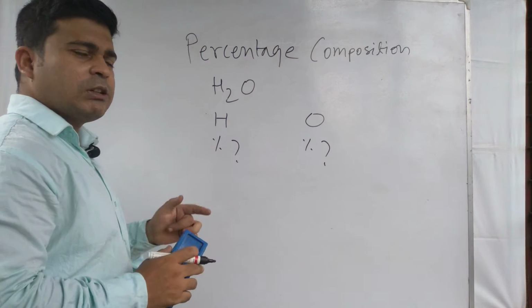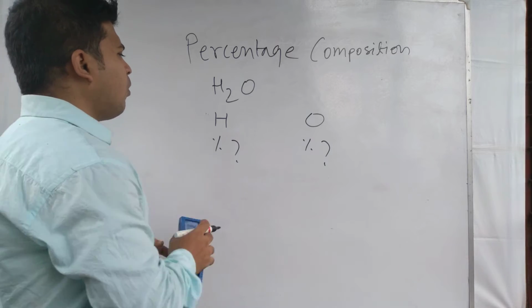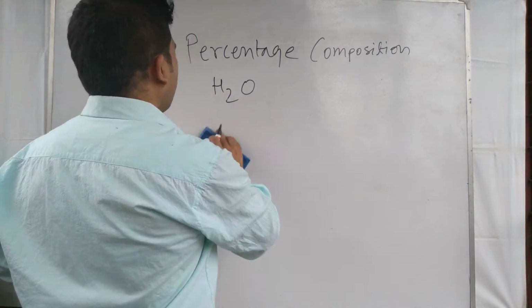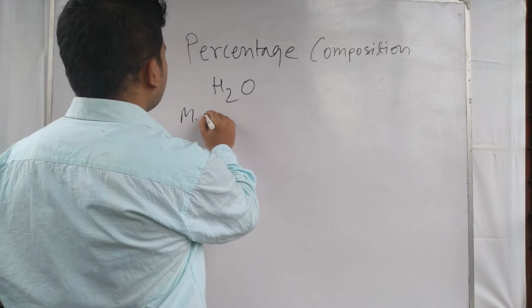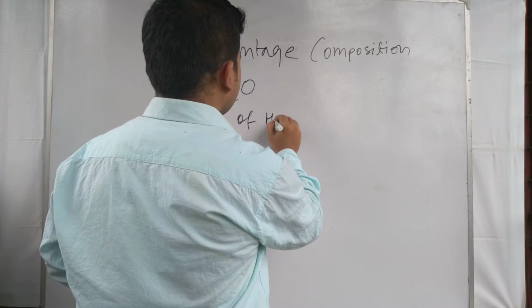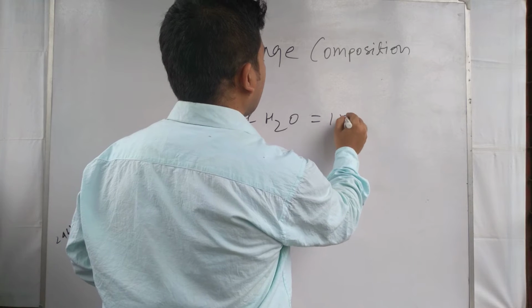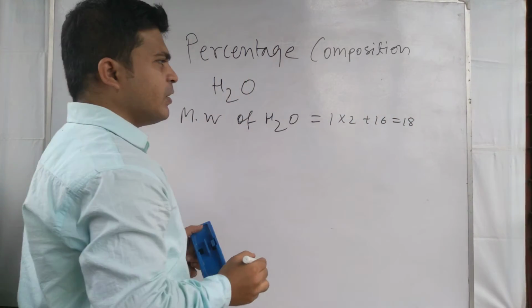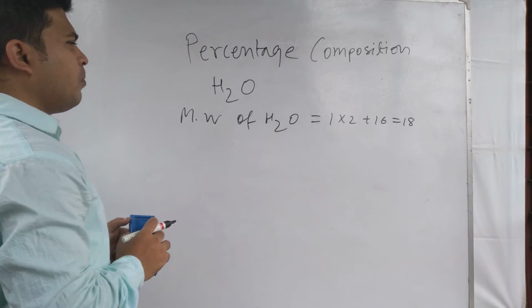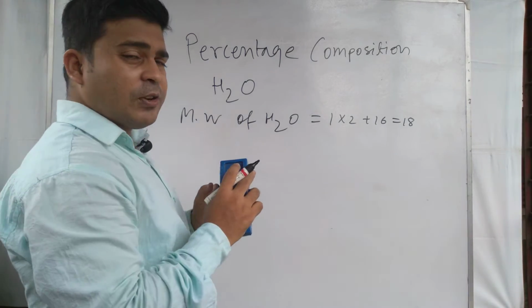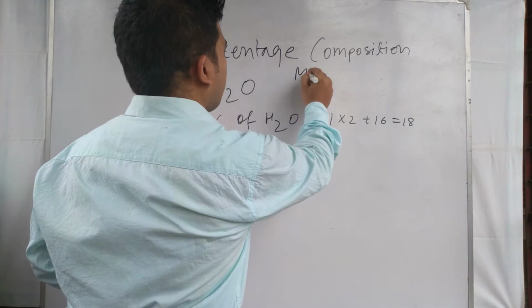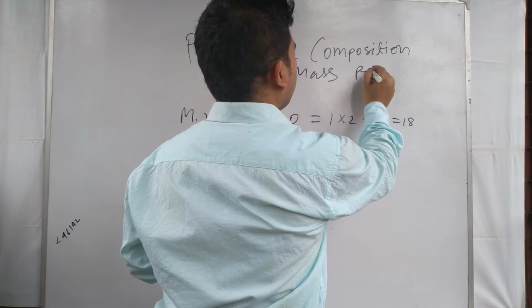For this calculation, the first step is to calculate the molecular weight of water. You know the molecular weight of water is 1 into 2 plus 16, that is a total of 18. So molecular weight calculation is the first step for percentage composition, or mass percentage.